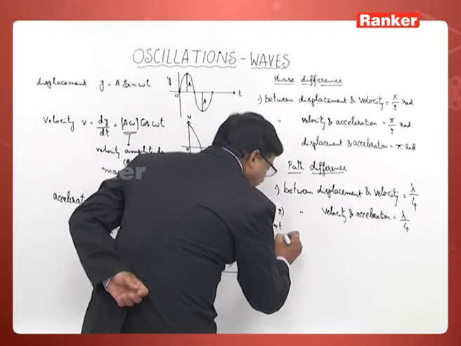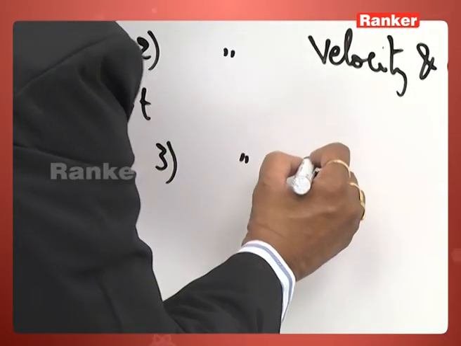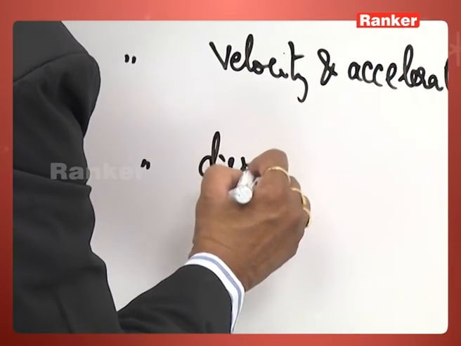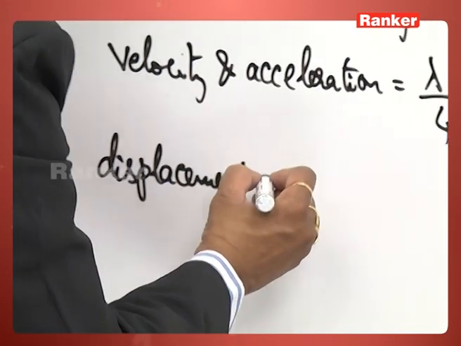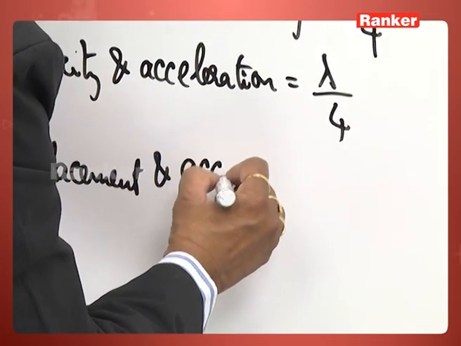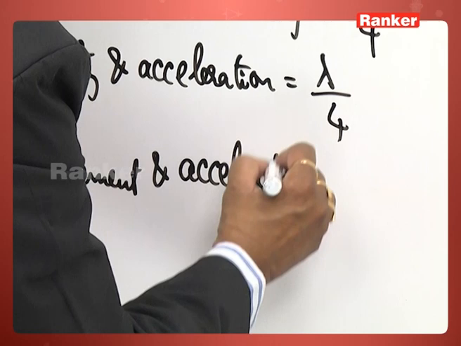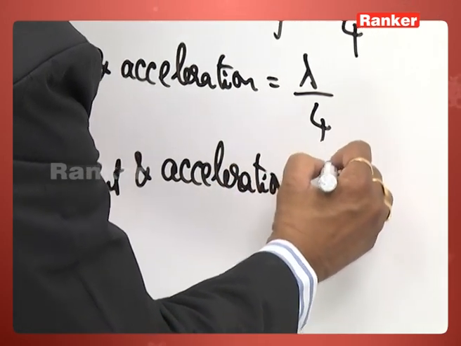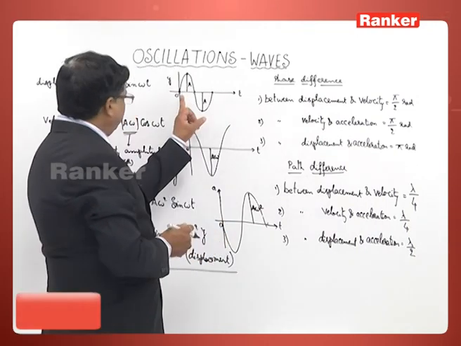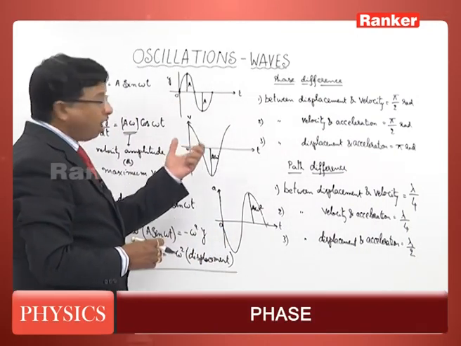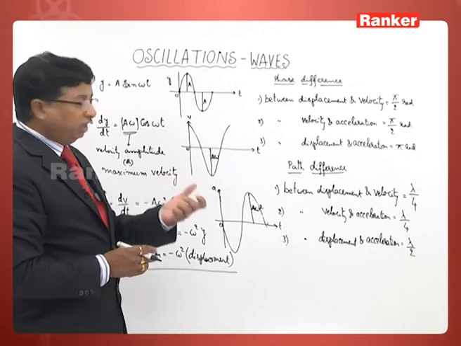And coming to the third one, between displacement and acceleration, this now becomes lambda by 2. So, between the first and third graphs, half a wave is the difference.